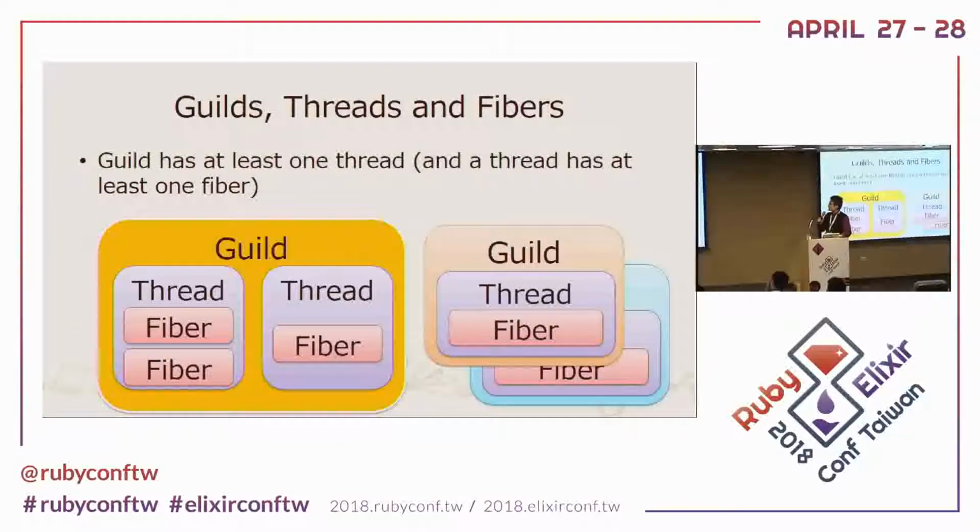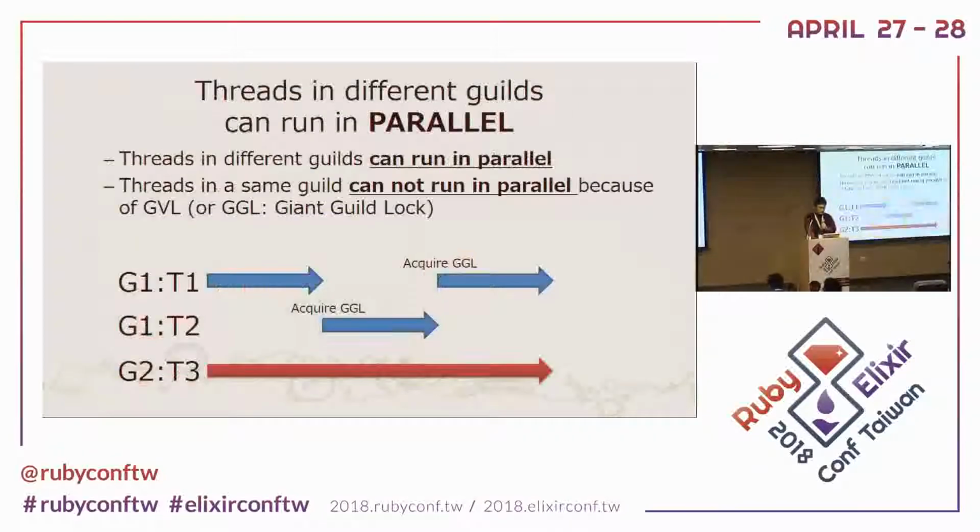These figures show what a guild is, what a thread is, and what a fiber is. A guild has at least one thread, and a thread has at least one fiber, and we can make several guilds, several threads, several fibers, and so on. Threads belonging to different guilds can run in parallel.